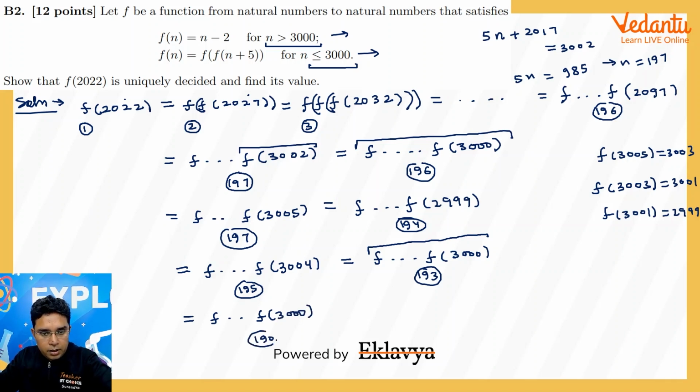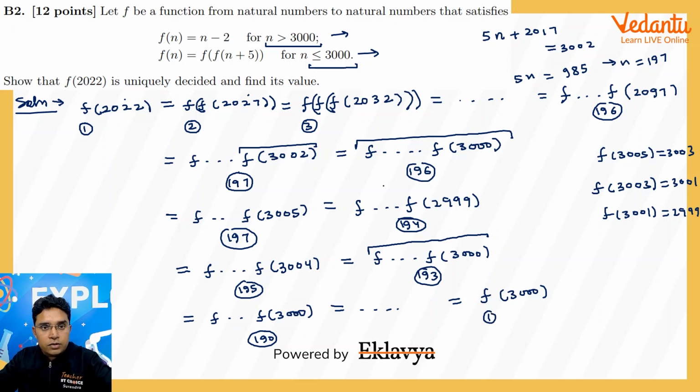Similarly, if we keep on doing this, the appearance will reduce by 3 every time. And 190 when divided by 3 gives us remainder 1. So in the end, I can say it will become f of 3000, where f is appearing only once.